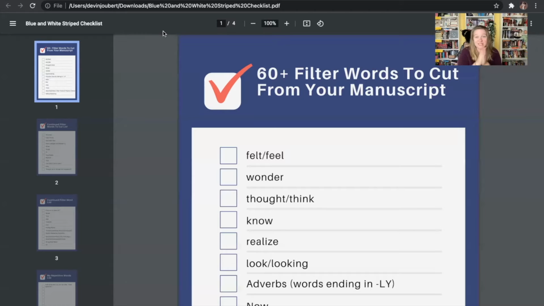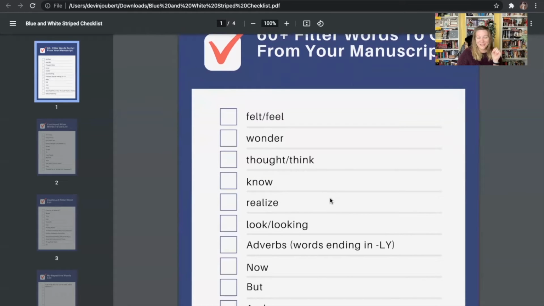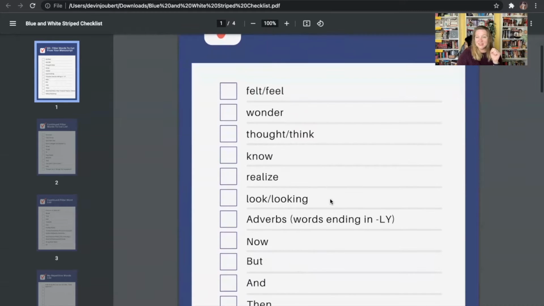So let's go over the 60 plus filter words to cut from your manuscript. There's felt, feel, wonder, thought, think, know, realize, look, looking. Adverbs, the words ending in ly, those are good to get rid of too.